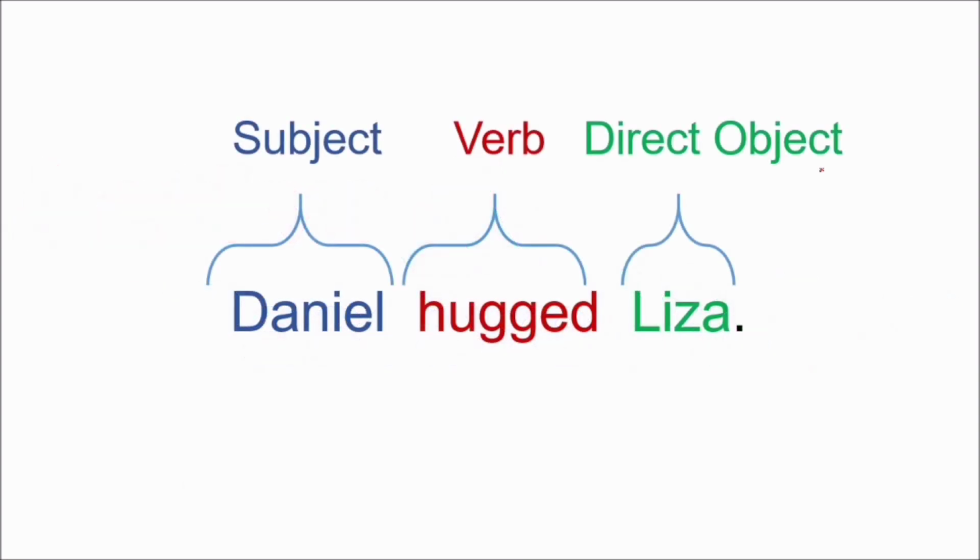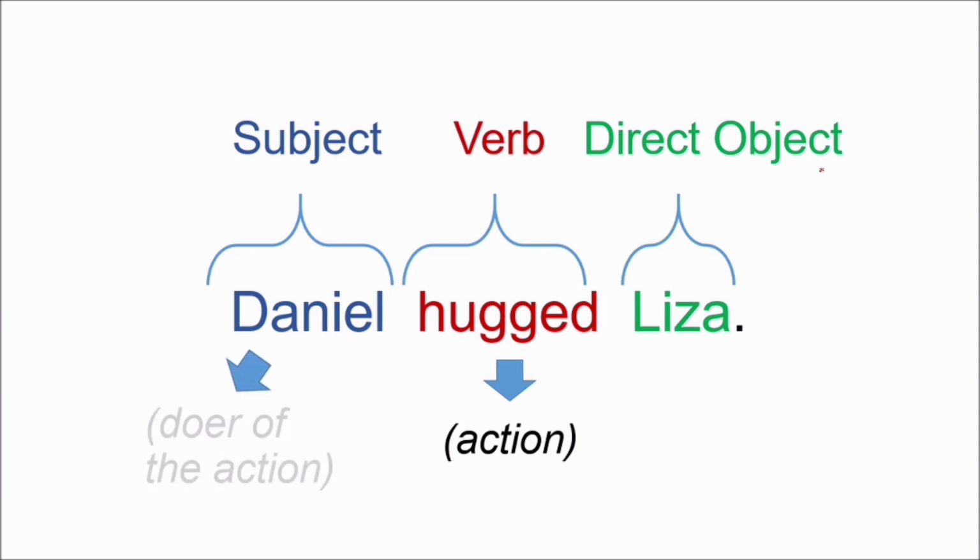Now, going back to our sentence, Daniel hugged Liza. In this case, we now know that the word hugged is the action taken in the sentence. Again, I'd like to ask you, who performed the action? Who did the hugging? It's Daniel. Therefore, Daniel is the doer of the action.